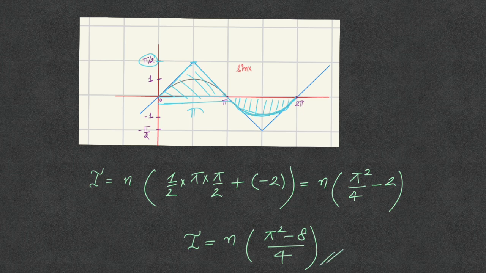Here this half into π by 2 represents the area of this triangle from 0 to π, and this minus 2 represents the area of this sine curve from π to 2π. And if we evaluate it for 2nπ intervals, we just multiply here by n, and we get the required answer.